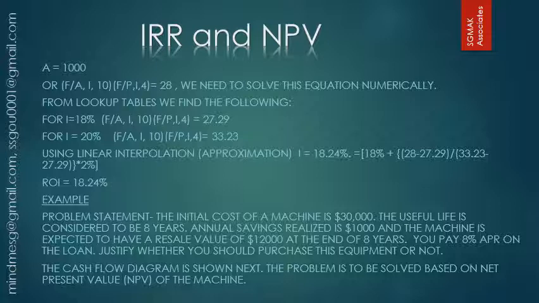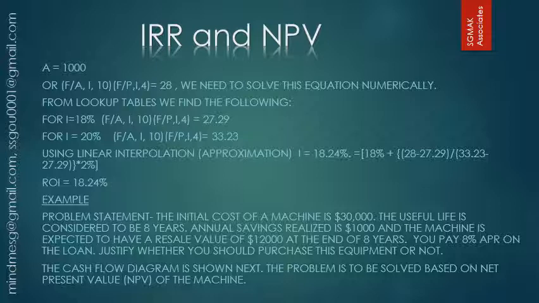So we just use a lookup table here. For 18% i, the product of these two factors is 27.29, very close to the value we're looking for, 28. And for i equal 20%, the factor is 33.23. So our internal rate of return for this problem is somewhere between 18 and 20% and close to 18%.